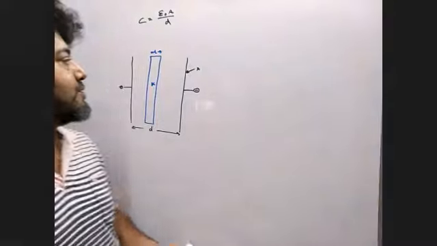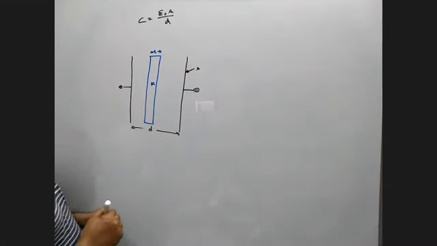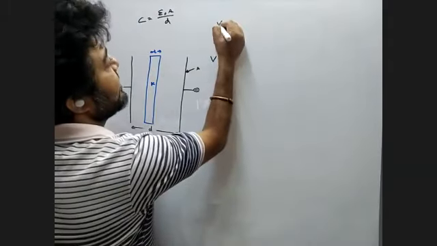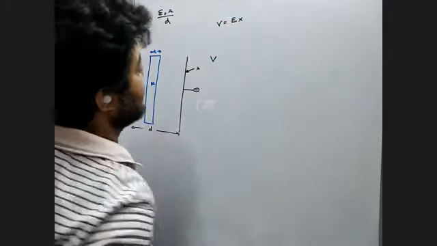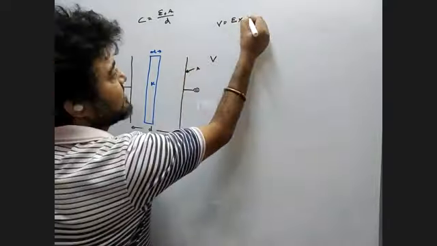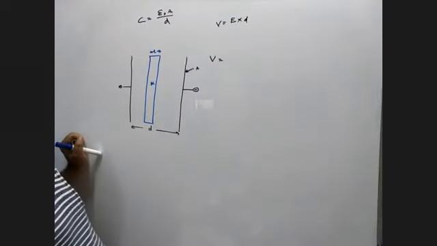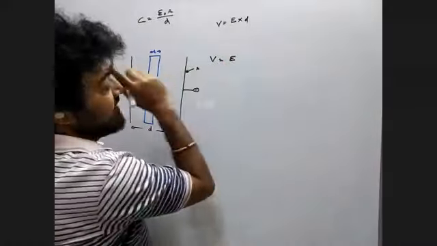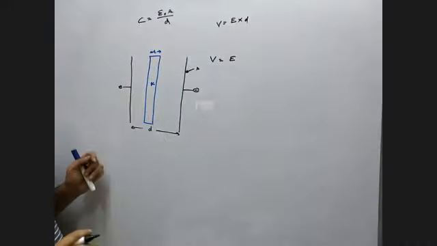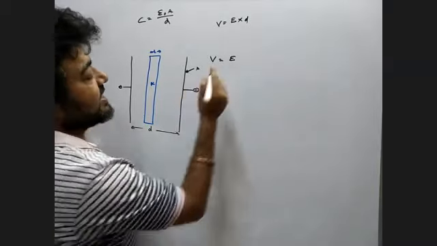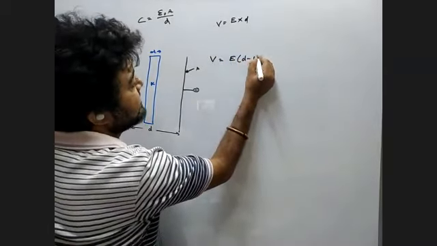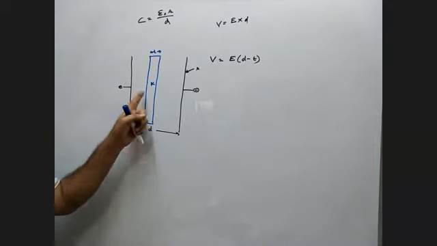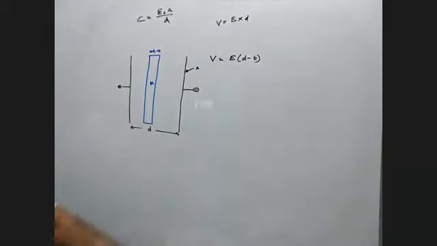Okay, so how do you solve this type of question? First of all, we know voltage is electric field into distance. Here E is the electric field for the air medium, and the distance in the air is how much? D minus T. If the total distance is D, the air portion is D minus T. Is it clear?